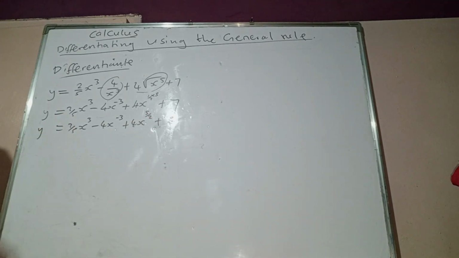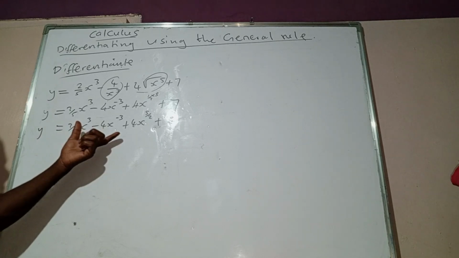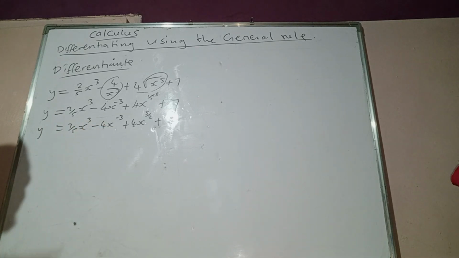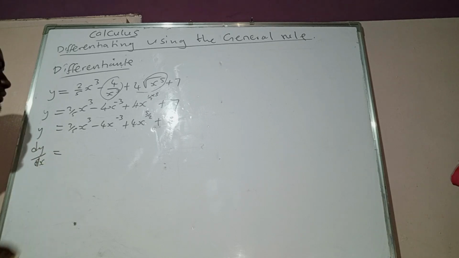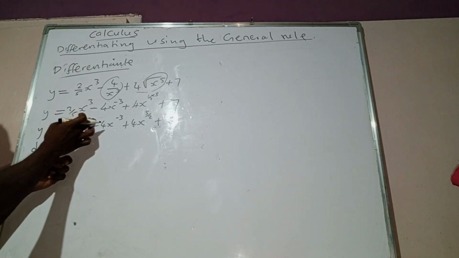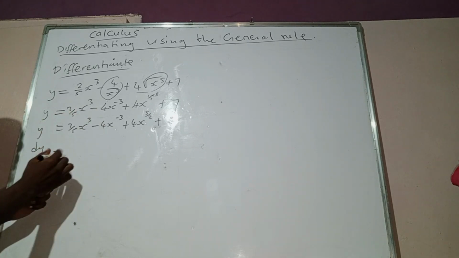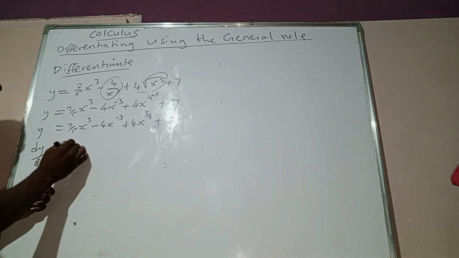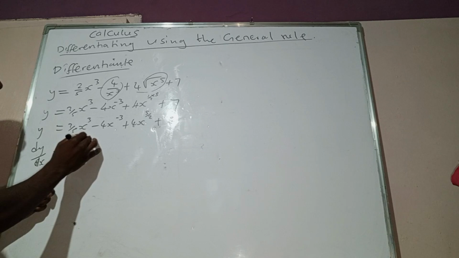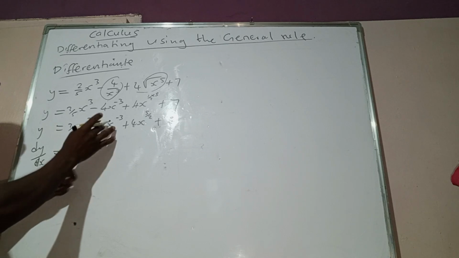Okay, so once we've taken this equation into this form, we are now going to start finding our dy over dx. So we are saying the power should multiply with this, then you subtract 1 from the power. So we have 2 over 5 times 3 x to the power 3 minus 1, minus.